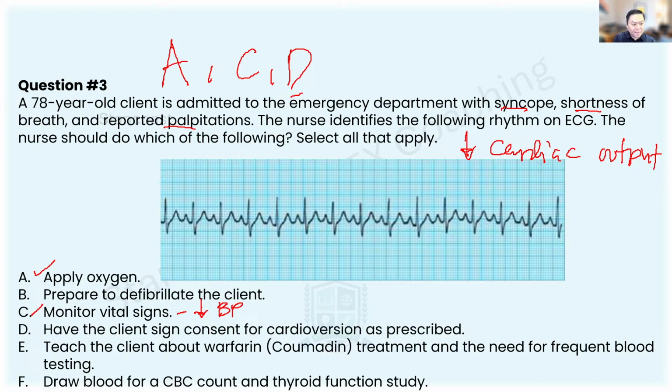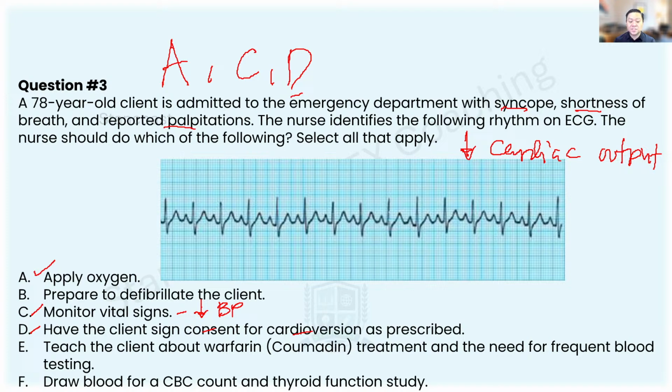Now, what about letter D? Letter D, have the patient sign the consent for the cardioversion as prescribed. Why letter D, guys? Well, if the patient consistently has that AFib, if it remains high, and if the patient becomes symptomatic, we're going to have to prepare the patient for the synchronized cardioversion in order to restart the patient's heart.